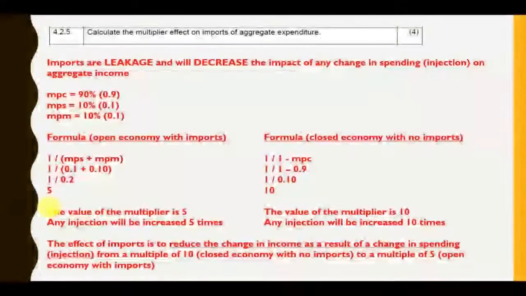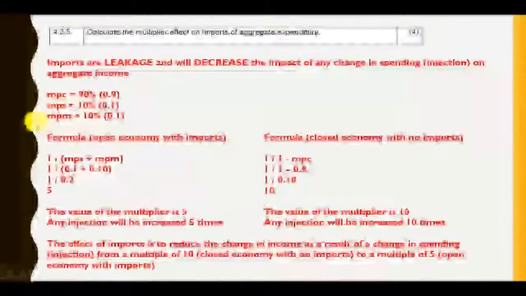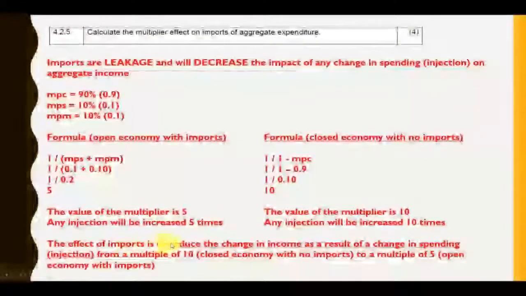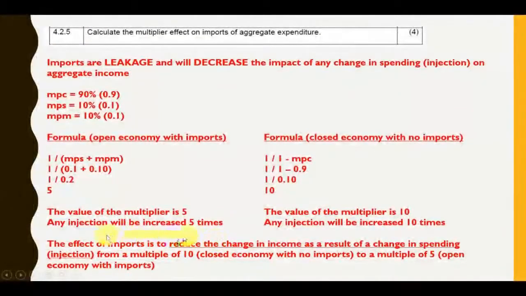I'm just going to pause and say that again. I have used the formula for the 4-sector model, based on the information I was given and that I worked out, to calculate the value of the multiplier, which is 5 in the 4-sector model. So any injection will be increased by 5 times. Because remember, that's what the multiplier does.